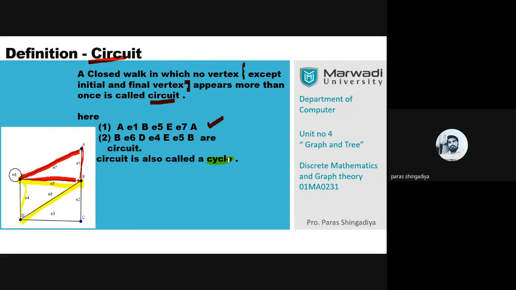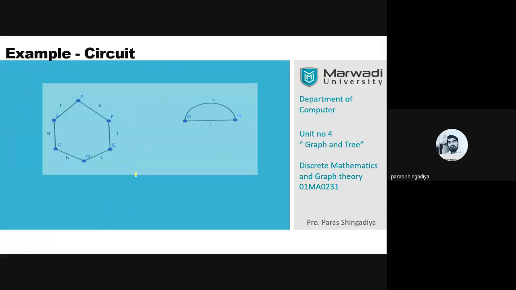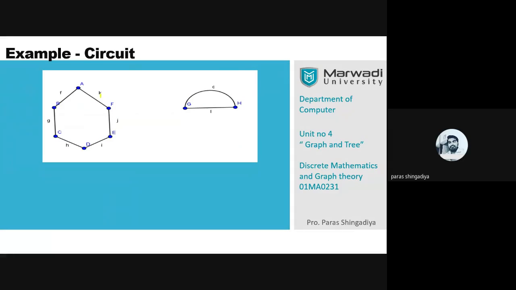So a circuit is also known as a cycle. A, E1, B, E5, E, E7, A, where initial and final are the same, and in between them no vertex repeats. So these are examples of a circuit.